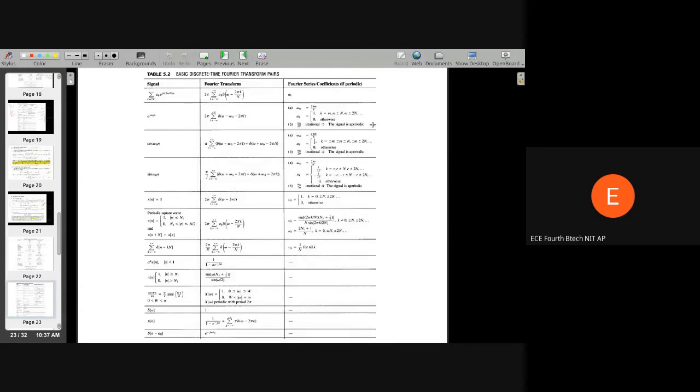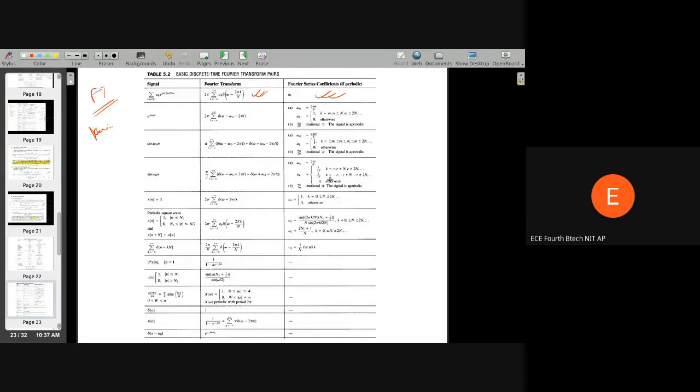And once again, this relation, Fourier transform, is also applicable for periodic signals. How to do so is very similar to what we saw in continuous time.